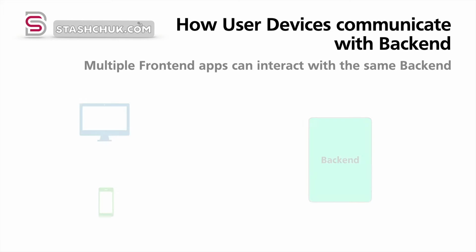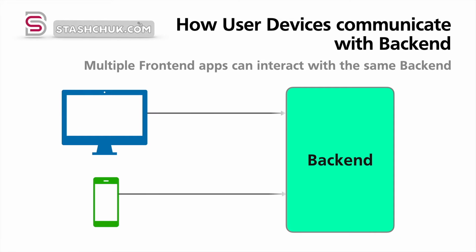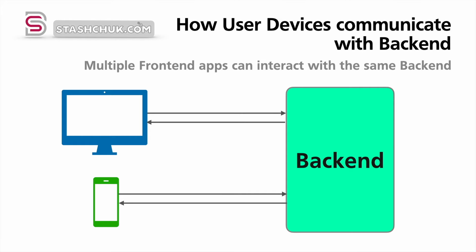Web applications could have millions of end users who launch web applications on different devices like mobile phones, desktop computers, tablets or laptops. And there is no need to create a separate backend for each front-end device. It would be just simply waste of resources. Therefore, all client devices usually communicate with the same backend.